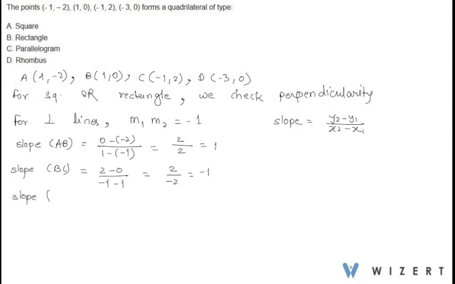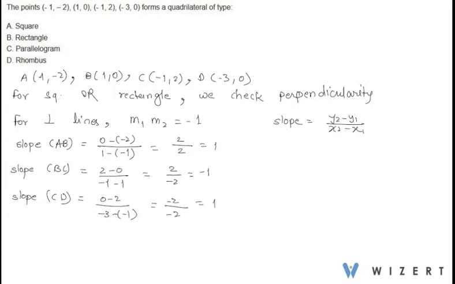Slope of CD is equal to (0 - 2) divided by (-3 - (-1)). So that is -2 divided by -3 + 1, which is -2.